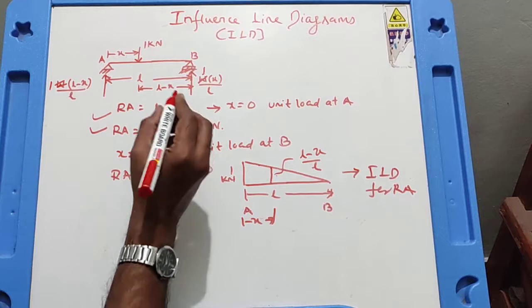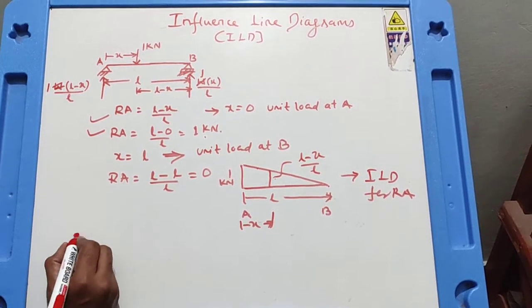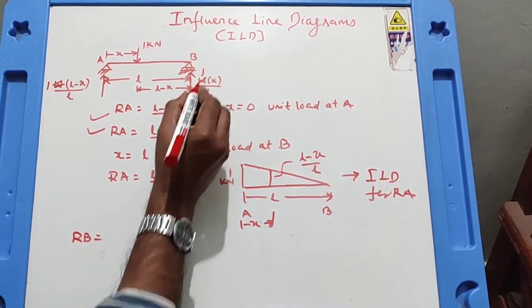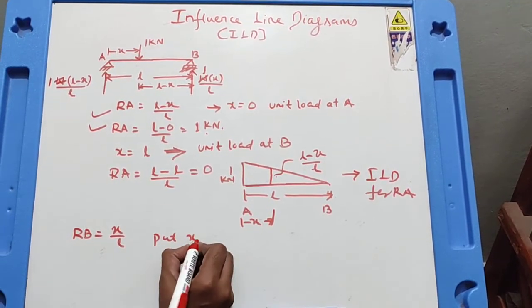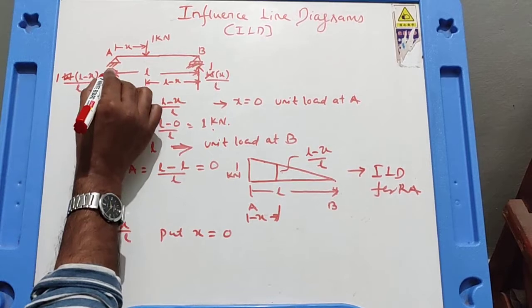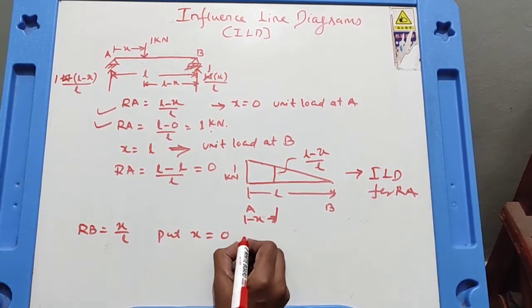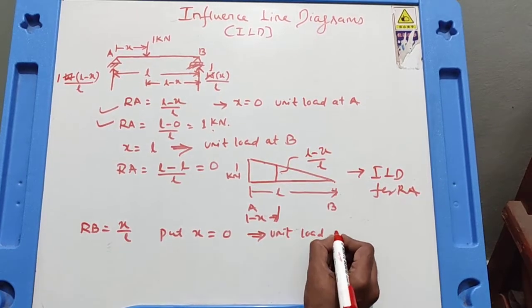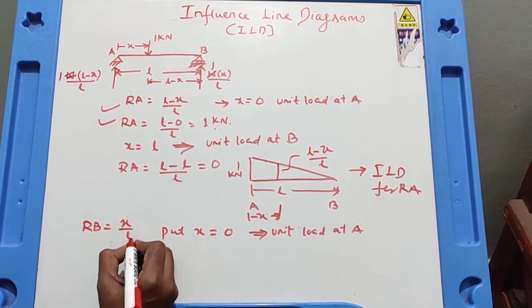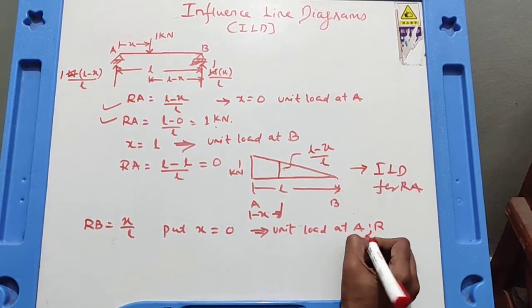Now, if you want to draw the influence line diagram for reaction at B, you know the general formula for reaction at B. We have already seen, it is x by L. Put x equal to 0, which means the unit load is at A. When you put x equal to 0, you get RB equal to 0.